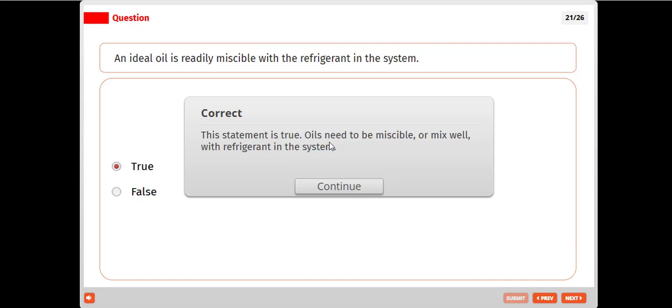This statement is true. Oils need to be miscible, or mix well, with the refrigerant in the system.